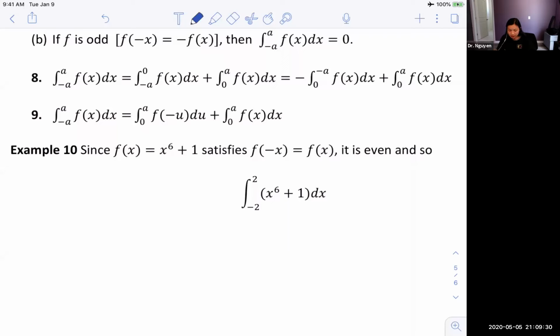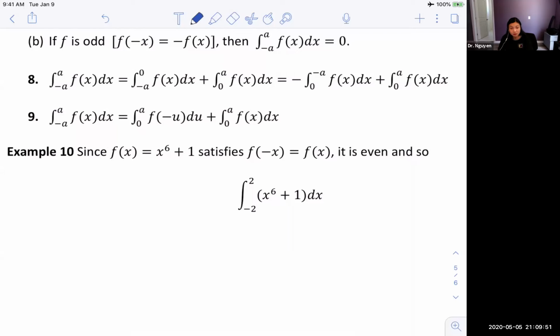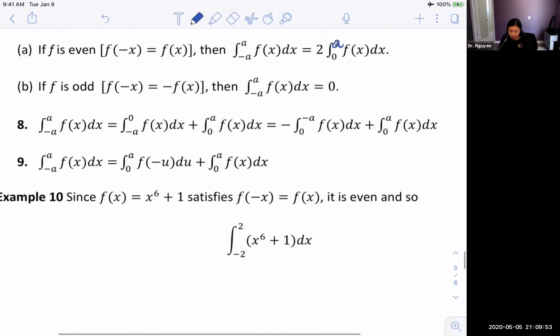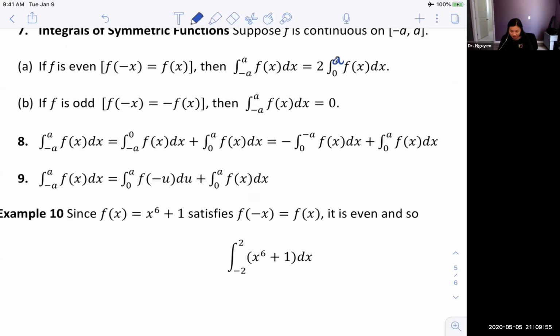So let's take a look at number 10. So you see f of x equals x to the 6th power plus 1 is even, because if you try to evaluate f of negative x, you're going to end up with f of x. So it's even. Therefore, if I want to integrate from -2 to 2, I'm just going to use part A right there.